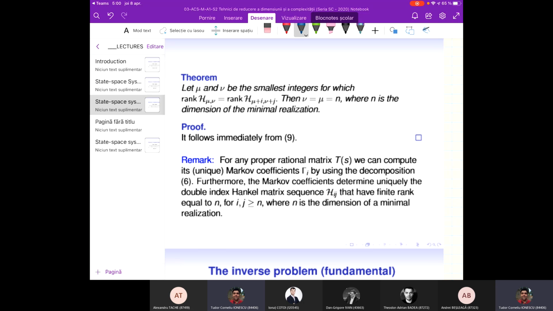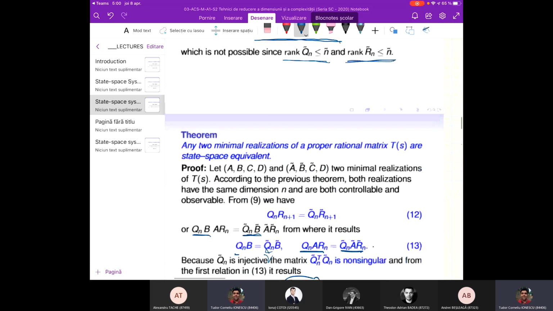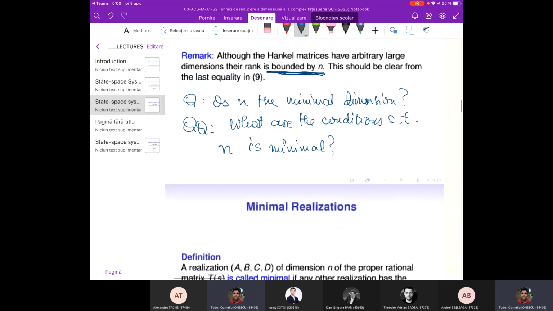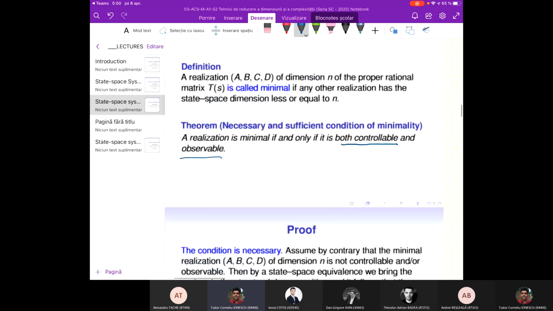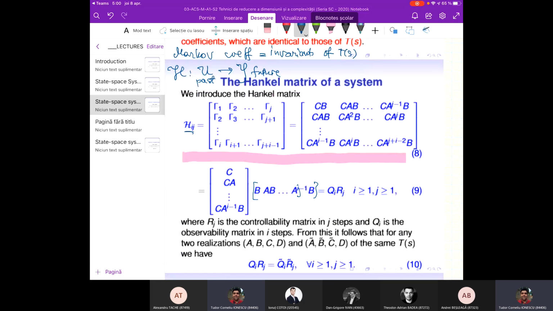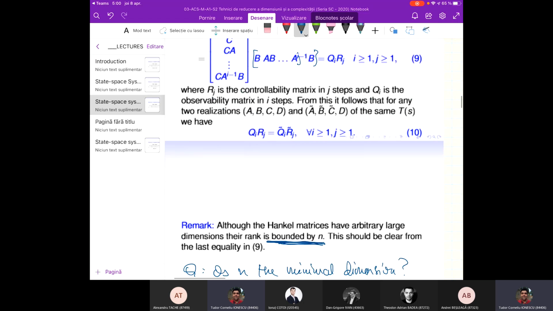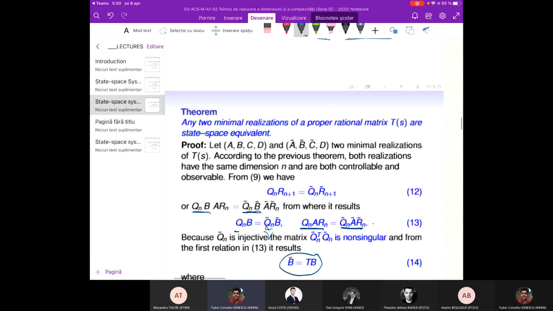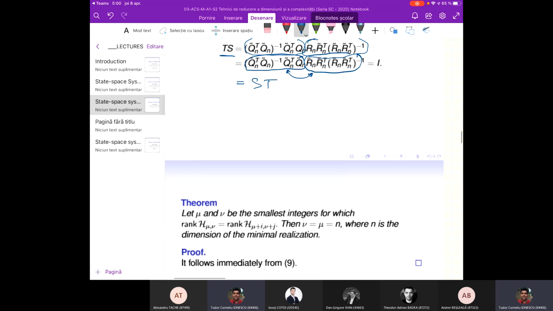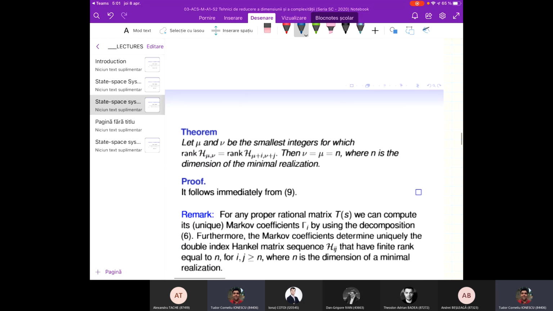So the dimension of the minimal realization is given by the rank of the Hankel matrix. Okay, so you compute up to order n, and then you compute to order n plus 1, and if the ranks are the same, and the ranks are n in both cases, then the minimal dimension is n. All right. So you compute up to a specific order.